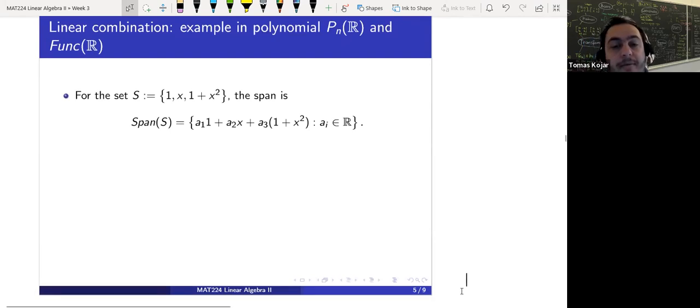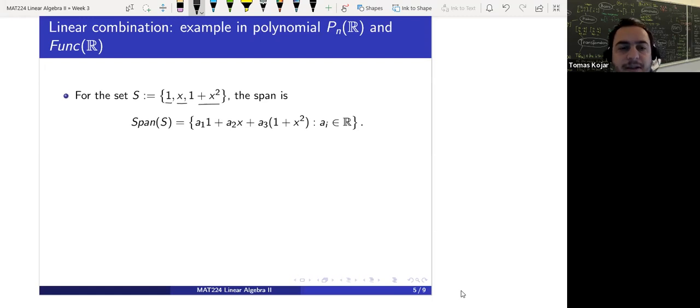All right. So this is the example for polynomials, and just to see that we don't just work with vectors. Here you have 3 polynomials: the constant polynomial, the linear, and the quadratic.